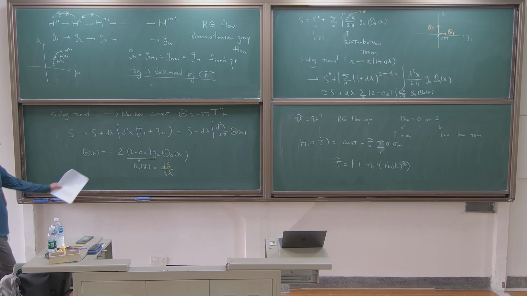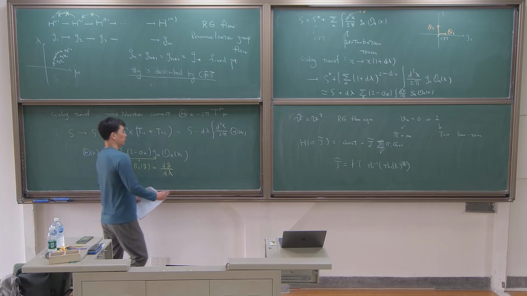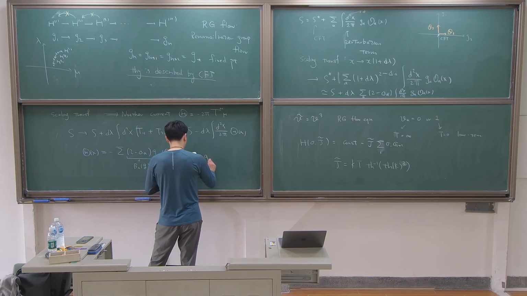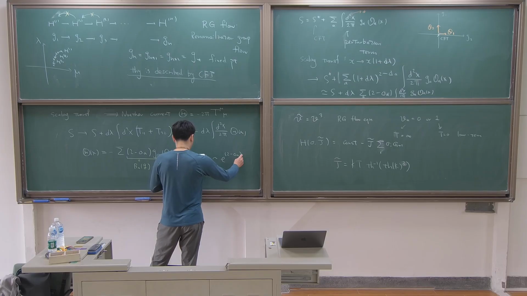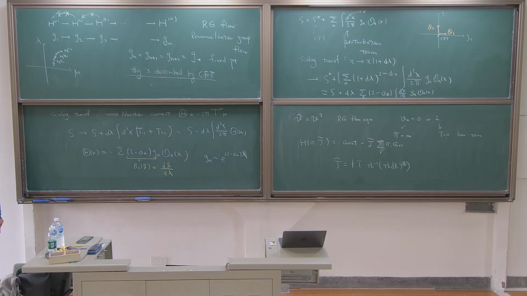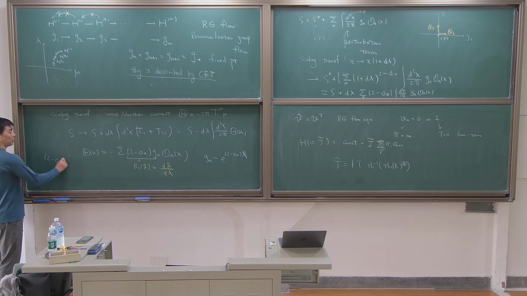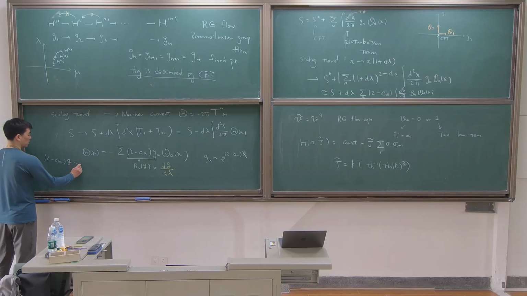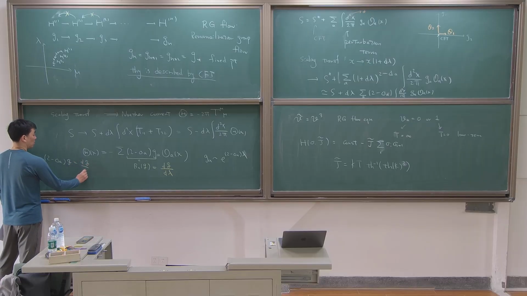If you solve this equation, you will get g_A is linearly (2 minus Delta_A) g, times the scaling lambda. It's easy to solve, right? So this is (2 minus Delta_A) g equals dg d lambda.